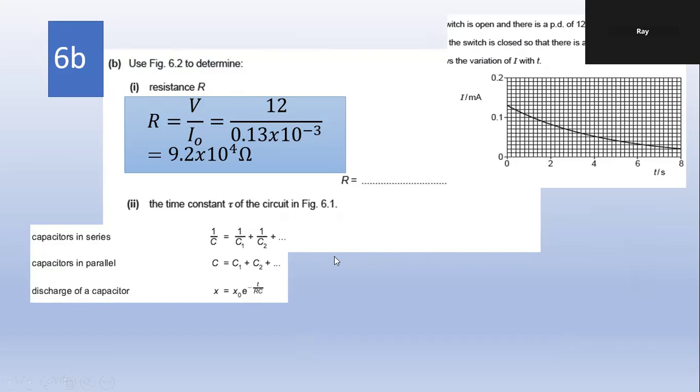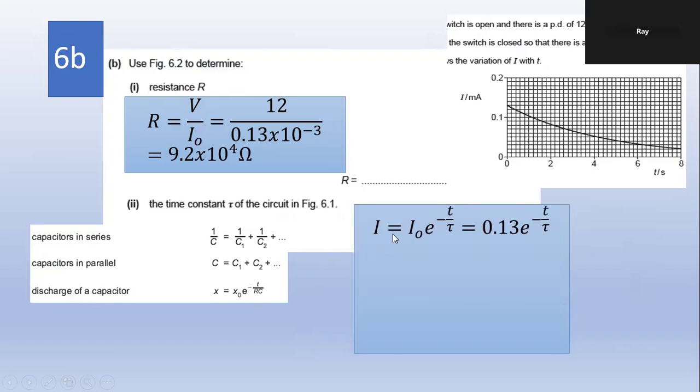Okay, you can remember, good. If not, use this formula, replacing the x with I. I equals I naught e to the minus t over tau. That's the time constant.